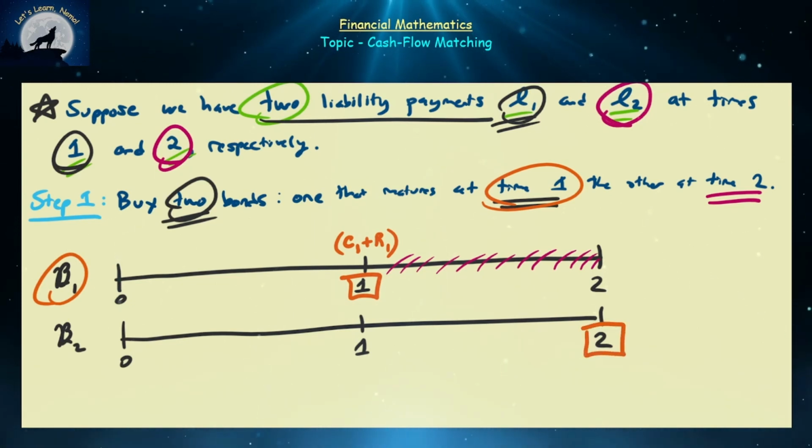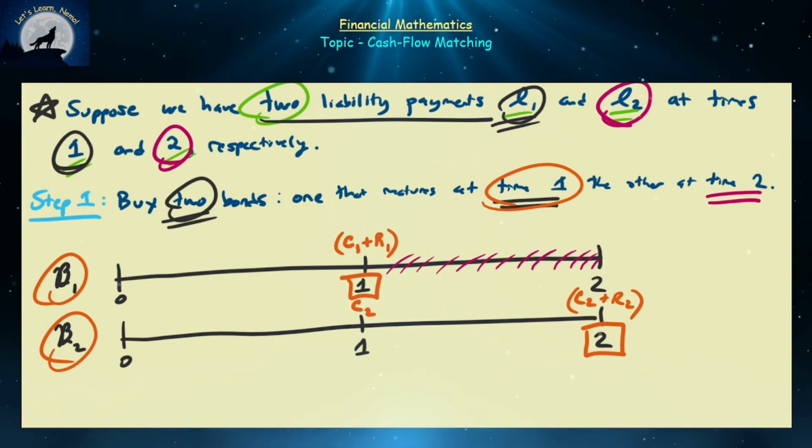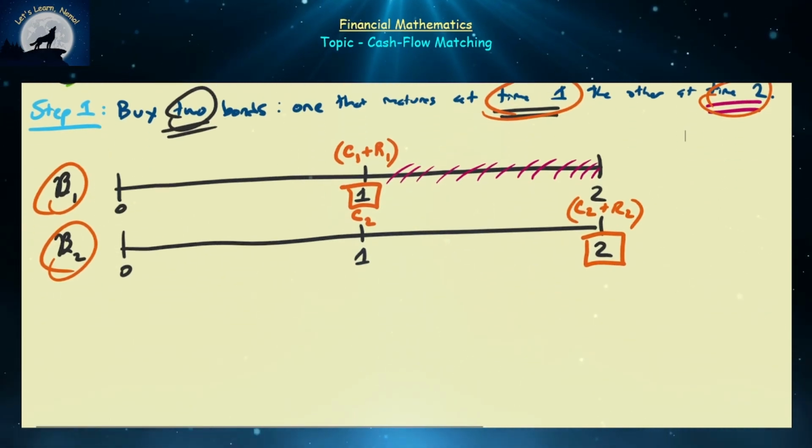So we're going to have a coupon payment of C2 at time t equals 1, and a coupon payment of C2 at time t equals 2, and also the redemption value at time t equals 2. That's for bond 2, which has a maturity at time 2, the same as the liability, which is due L2.